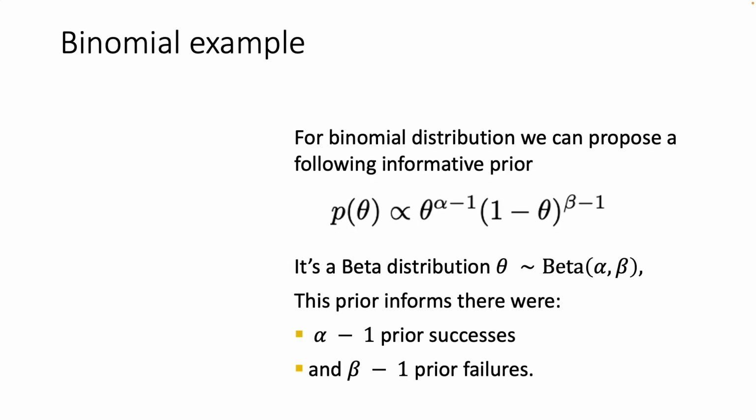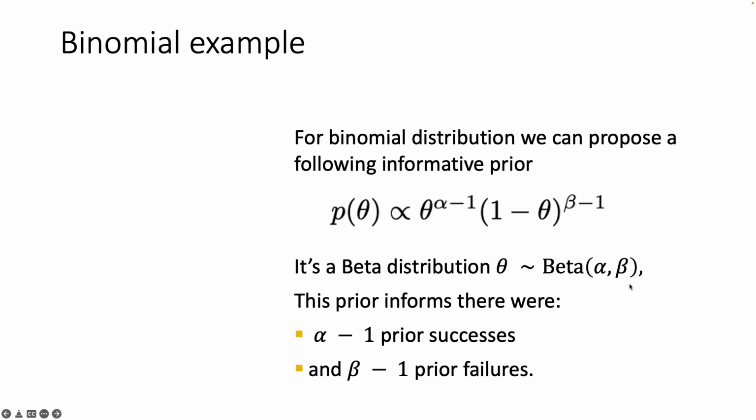So, in the case of the binomial example, we can consider the following prior distribution that corresponds to the previous experience. In the binomial example, we have successes and failures. Using the beta distribution, we can represent our previous knowledge exactly this way, using a beta prior with parameters alpha and beta.